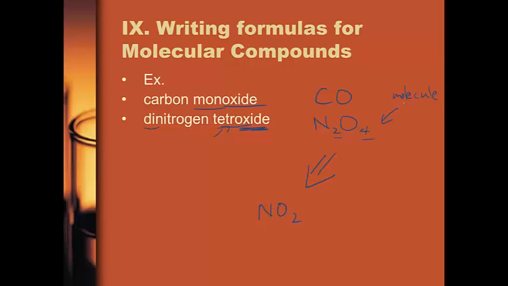This is a specific molecule. It has two nitrogens, four oxygens in it. If you reduce the formula down to NO2, that's only one nitrogen, two oxygens. That's a different molecule. It also has a different name. This one would be called nitrogen dioxide. So you cannot change formulas of molecular compounds because dinitrogen tetroxide is not nitrogen dioxide. It's two different compounds.